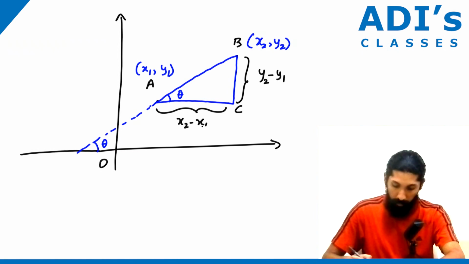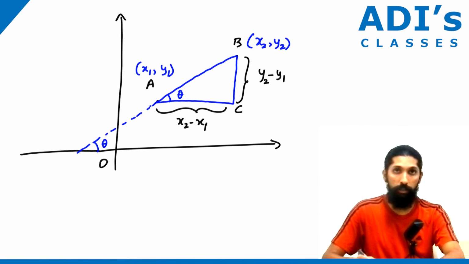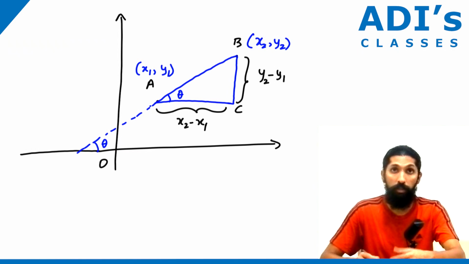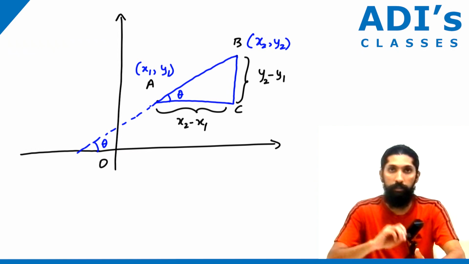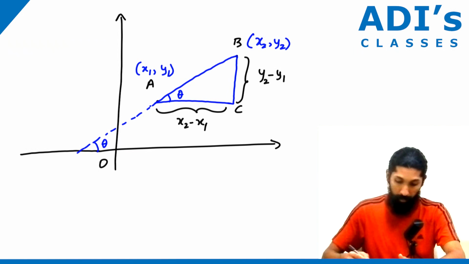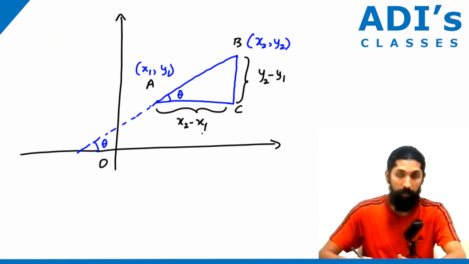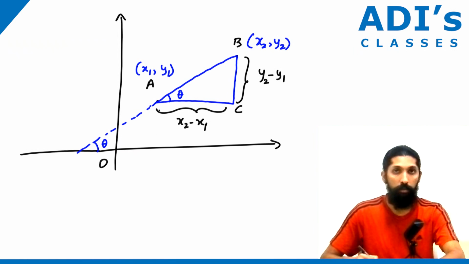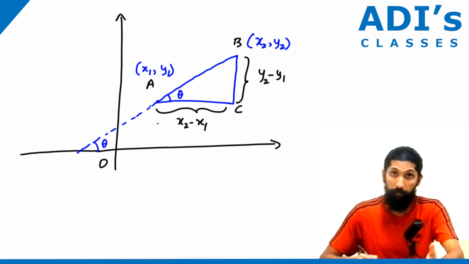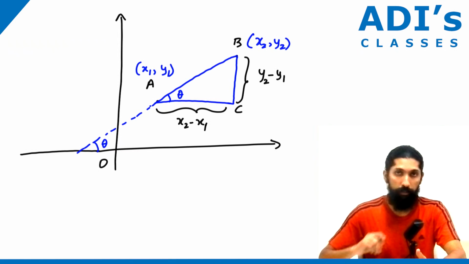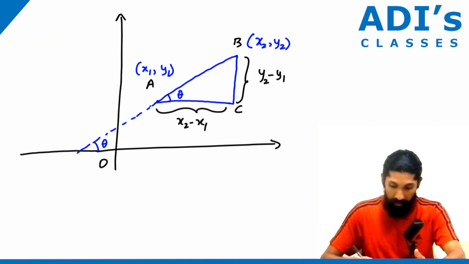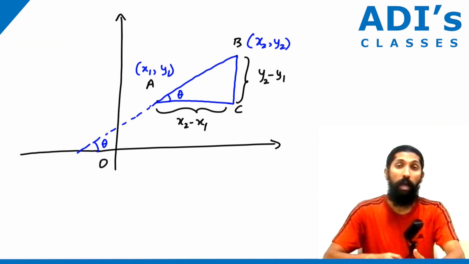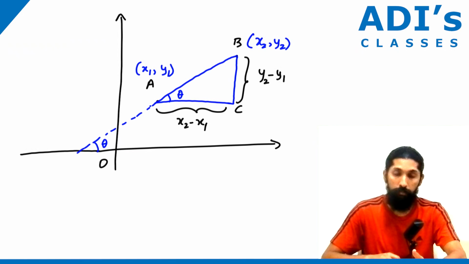This is the same logic you used last year in understanding the distance formula. Because here from O to B is going to be x2, correct? So when you draw a perpendicular, you have done all those things before. So it's just the same thing. AC becomes x2 minus x1 and BC becomes y2 minus y1.